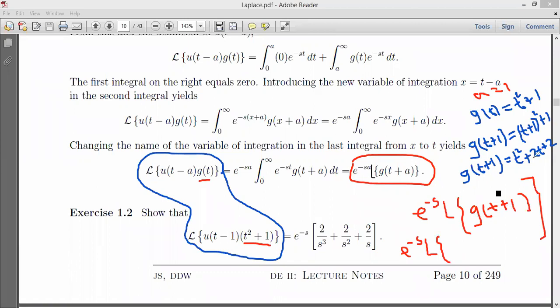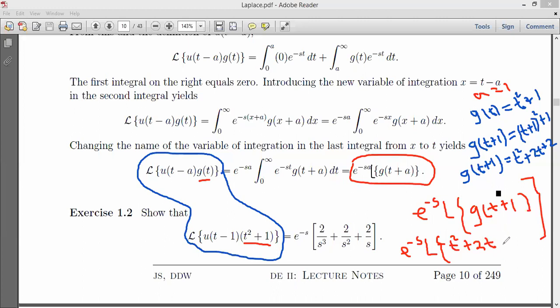Instead of G of t plus 1, we have just seen that when you expand this, it gives you t squared plus 2t plus 1.